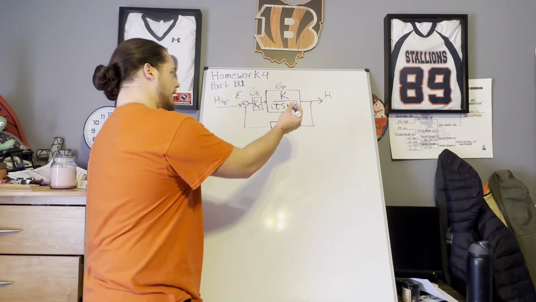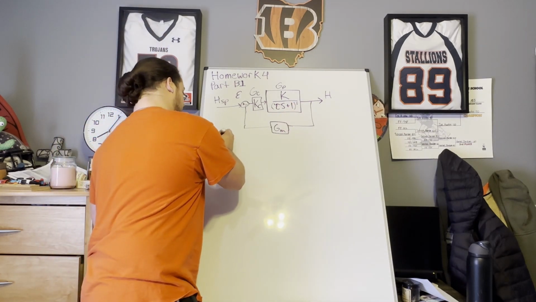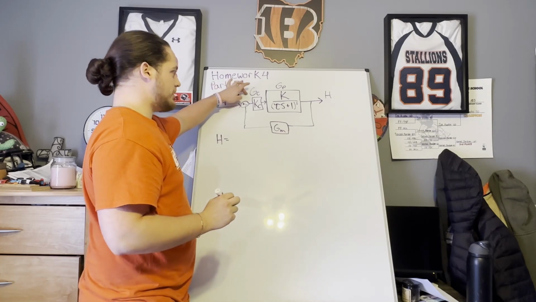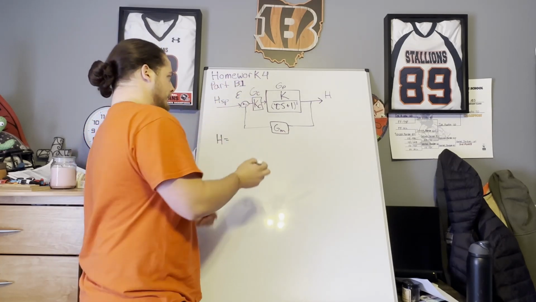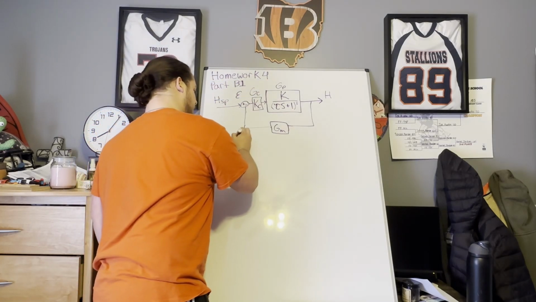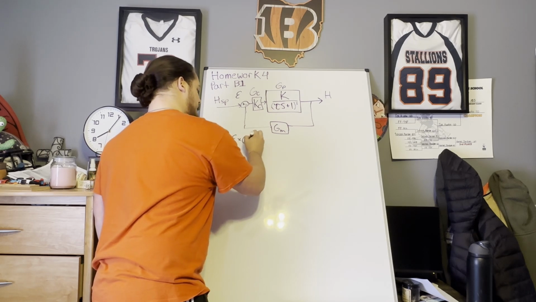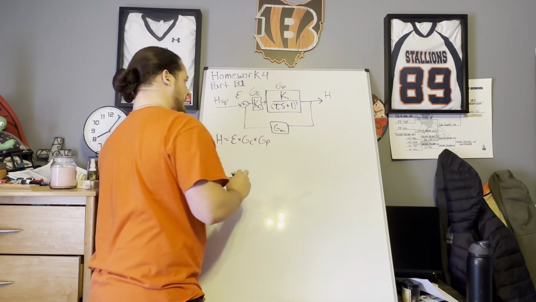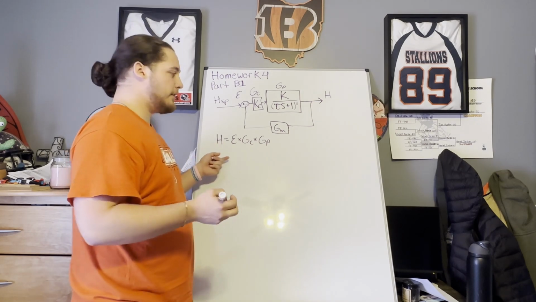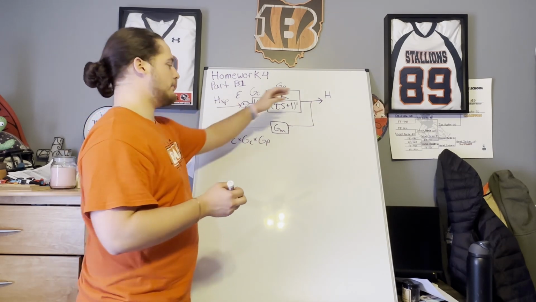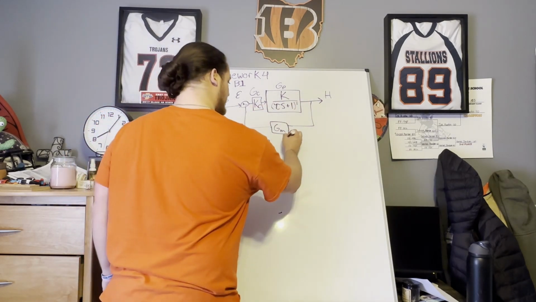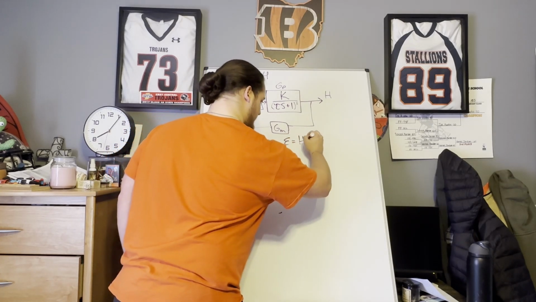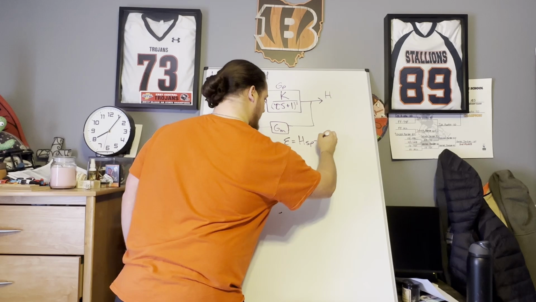So our height here, we know that H is going to be equal to our error times our GC times our GP. And our error here is going to be our height set point minus our actual height. So we can write epsilon is equal to HSP minus H.